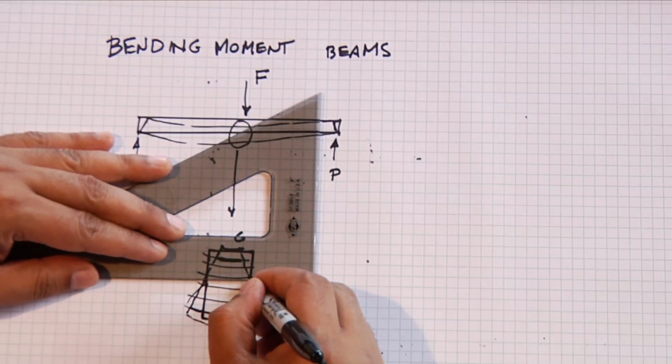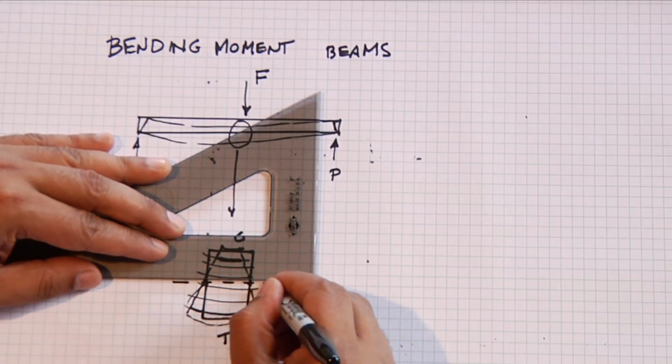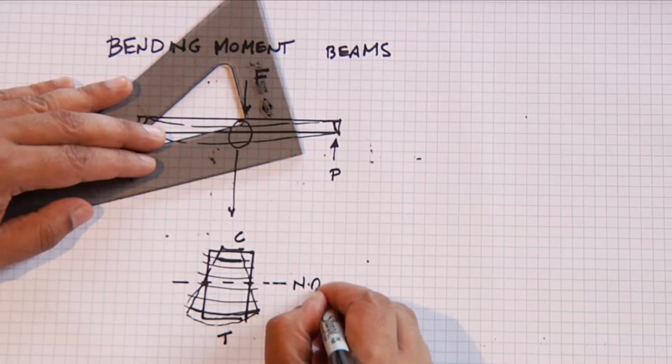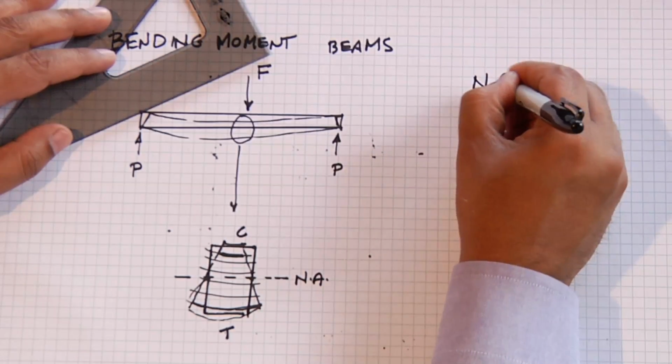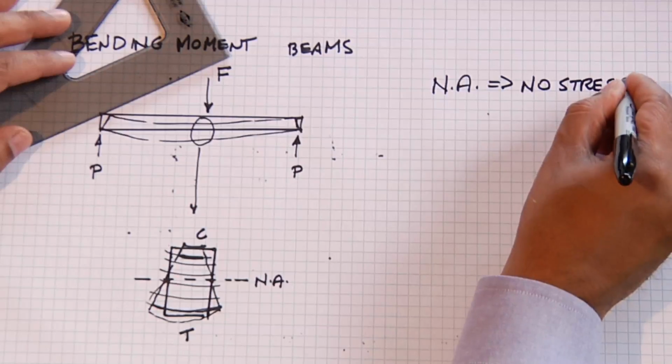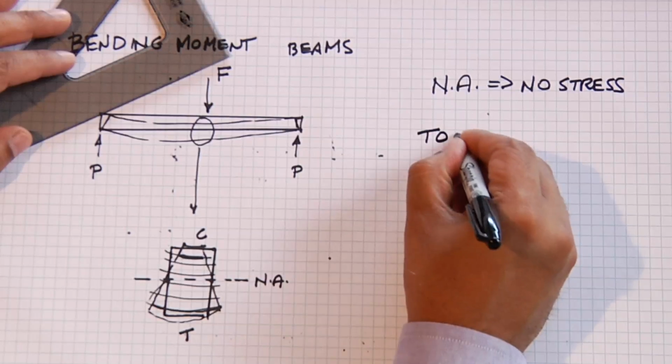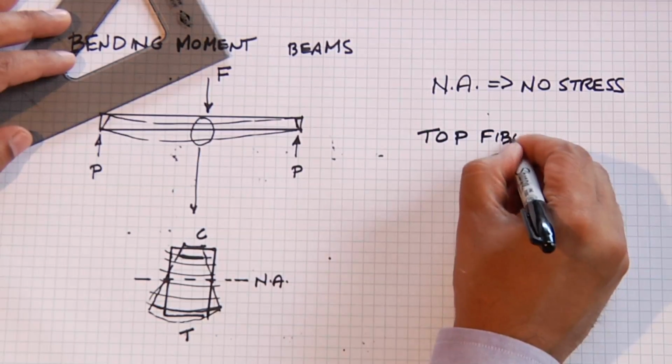And in the middle, nothing is happening. We call that the neutral axis. So at the neutral axis, we have no stress. On the top fibers, we have compression.